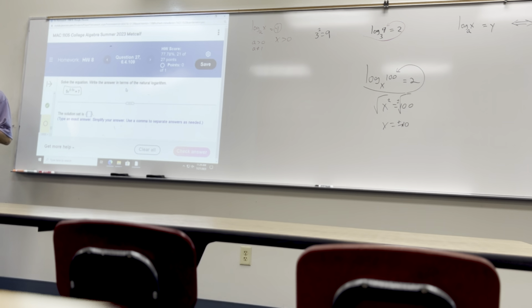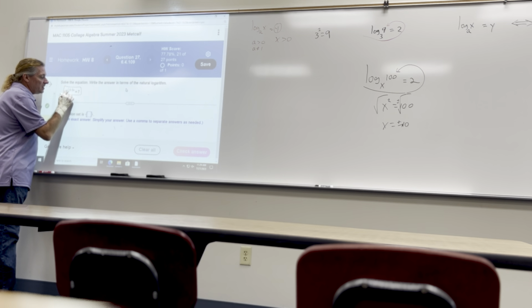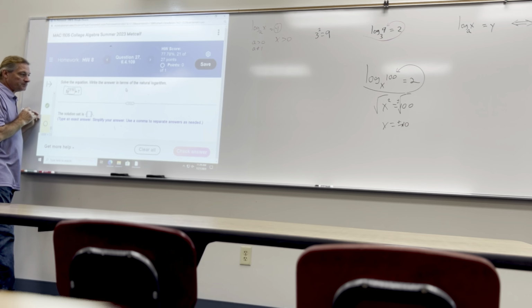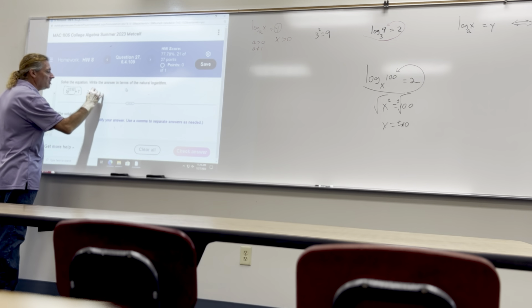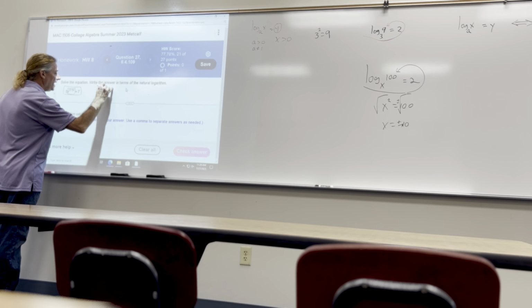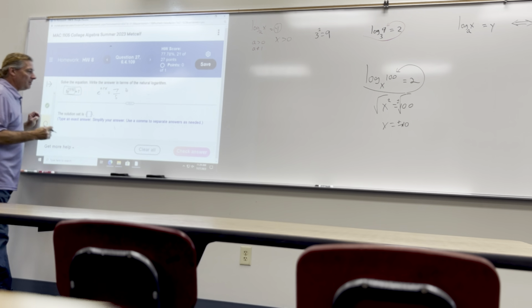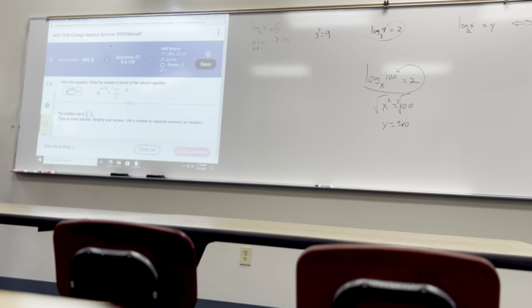Good luck finding another common base with e, because you're not going to. So to do this, you always want to get the exponential part by itself first. So that's the motivation to write it like this: e to the 0.5x is equal to 7 divided by 5. So remember, when you're trying to solve for an exponent, always get the base by itself.